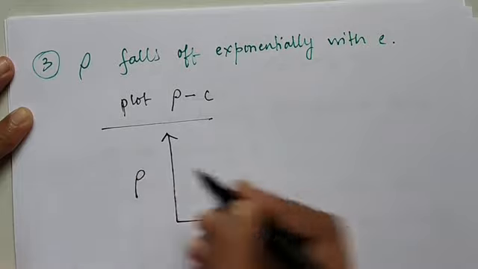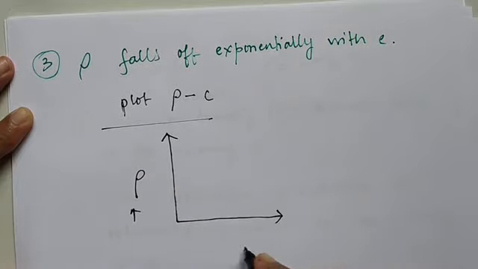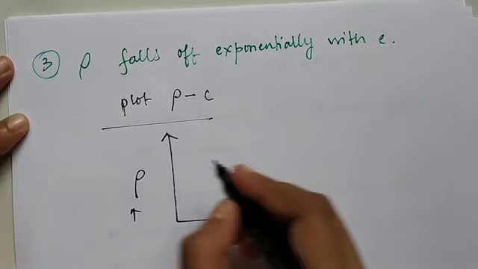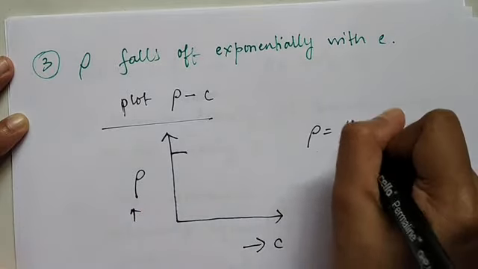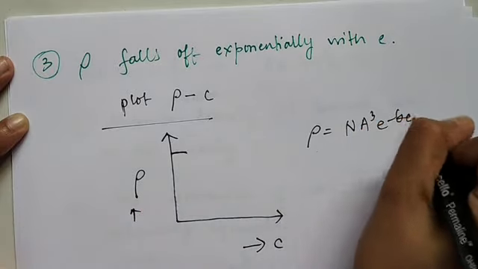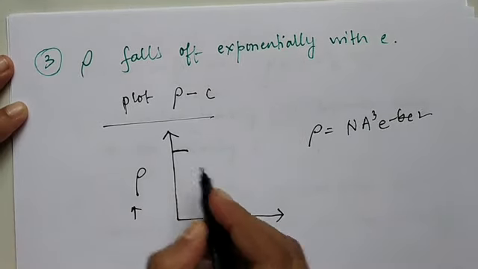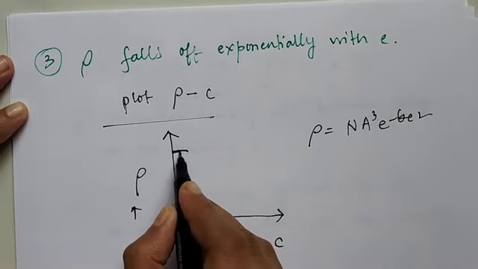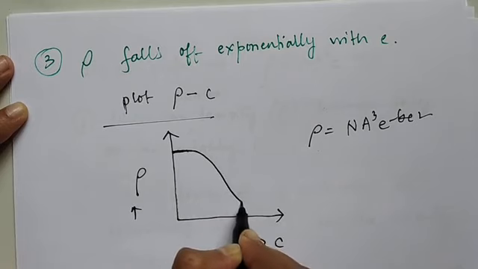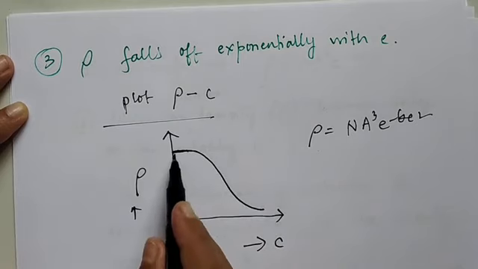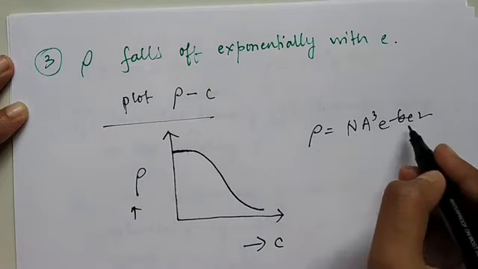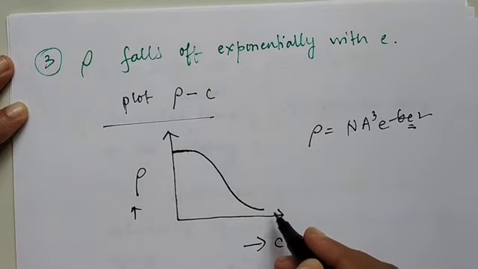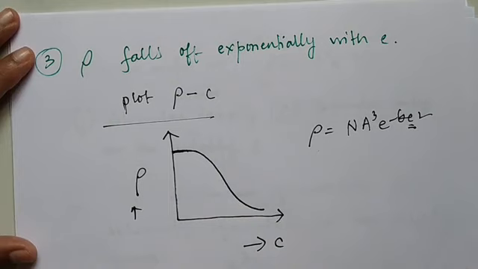So along the y-axis we plot rho and along the x-axis we plot c. So the relation is this, n a cube e to the power minus b c square. Now if we represent it graphically, then it will look like this. That is, rho is decreasing exponentially with increased value of c.